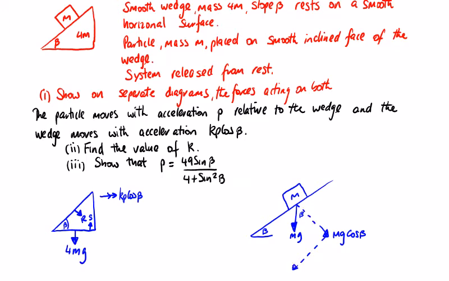I have going this way mg sine beta, and the acceleration going down relative to the wedge, which is important in this question, is p. So the key in these questions is the acceleration of that particle, and I have my R going in this way. So let's look at the accelerations before we go any further.